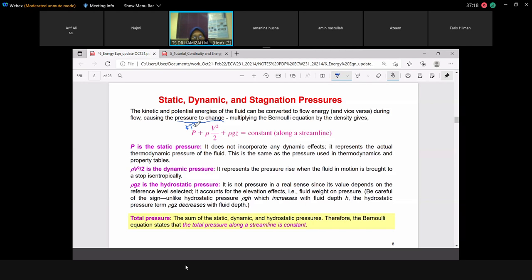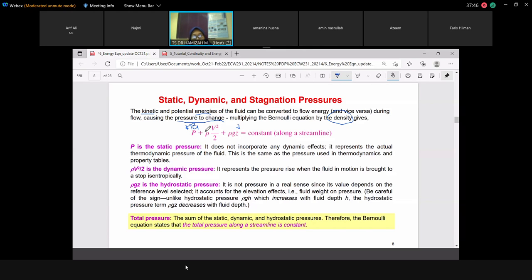Okay, and then this one is in respect to density. So here we have density. This one represents kinetic energy. And then we have Z for elevation. P is the static pressure in kilopascal.